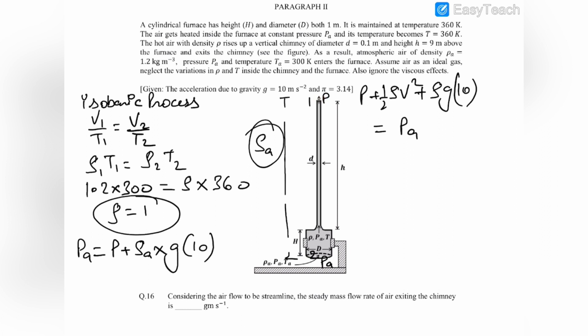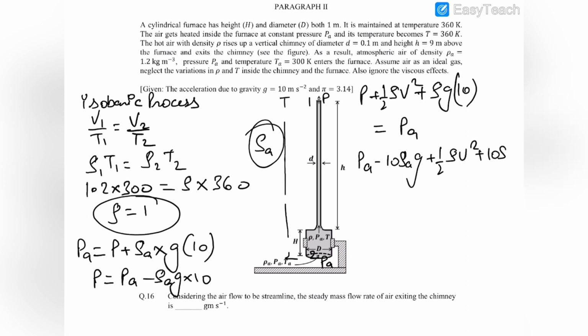So P is equal to PA minus rho A G into 10. So PA minus 10 rho A G plus half rho V square plus 10 rho G is equal to PA.